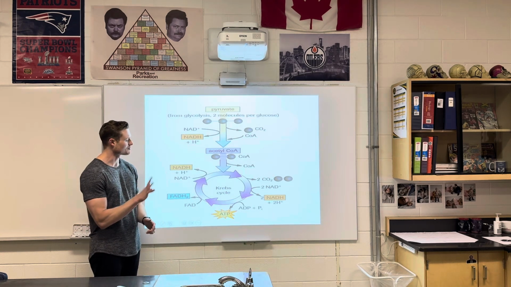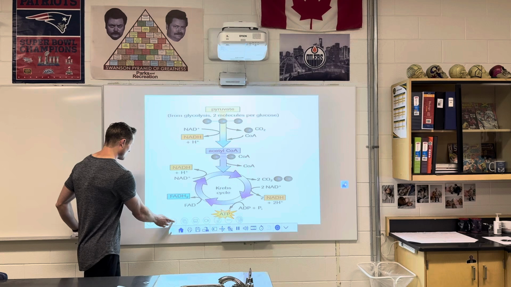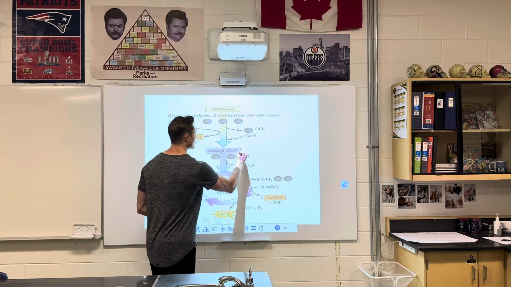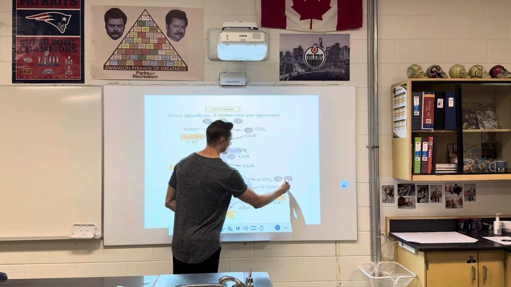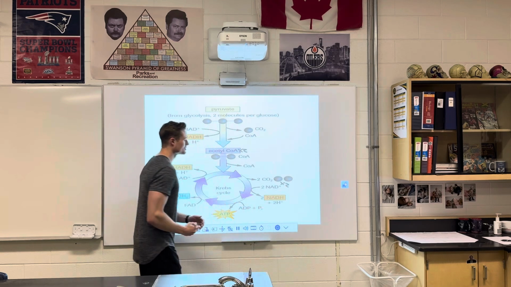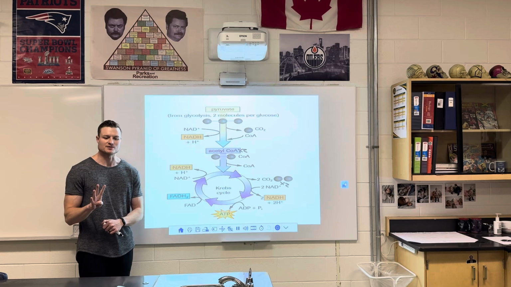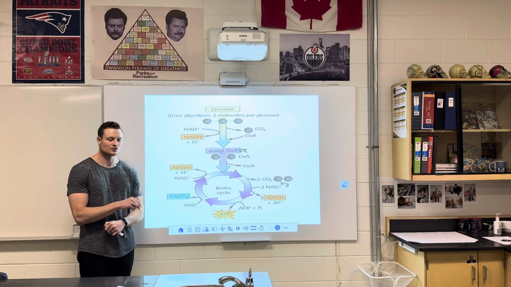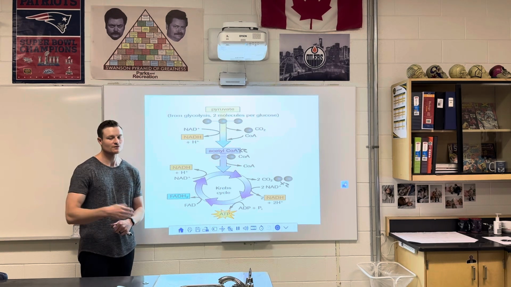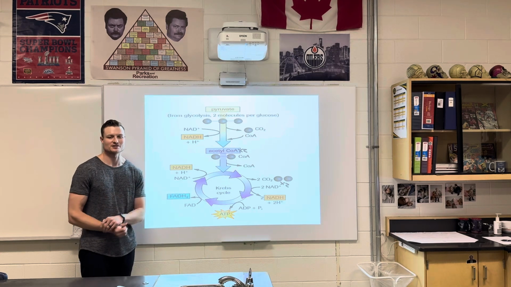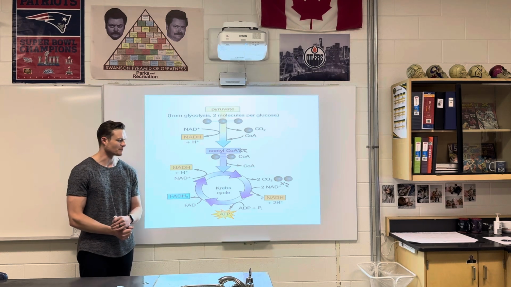Now, since this is happening twice, because there's 2 acetyl-CoAs, you end up getting a total of 4 CO2s. So just think about it. We've made 4 CO2s during Krebs cycle, 2 CO2s during pyruvate oxidation, for a total of 6 CO2s. Hence why there's 6 in the balanced equation of cellular respiration.